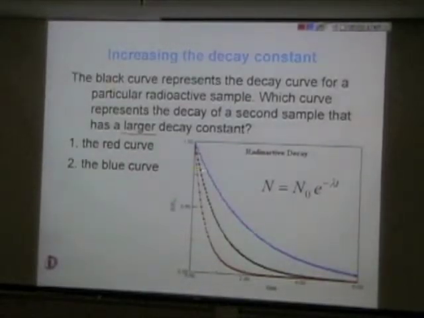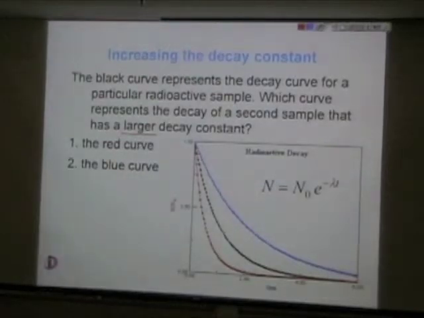The black curve represents radioactive decay for some element with a specific decay constant. The question is, which of the 2 extra graphs, the red one or the blue one, represents the radioactive decay with a larger decay constant?